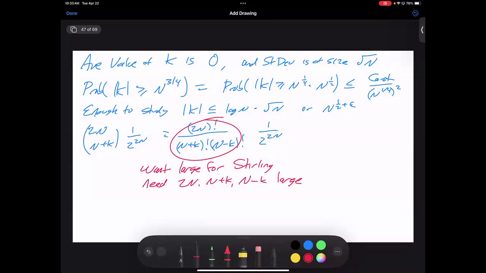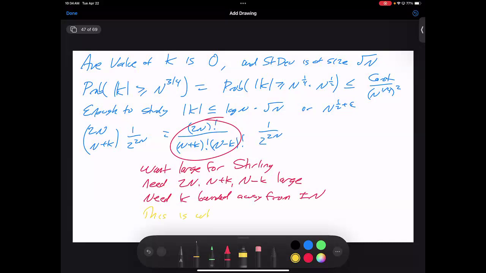So for what values of k could things be small? n, and the other value, negative n. So we need k bounded away from plus or minus n.